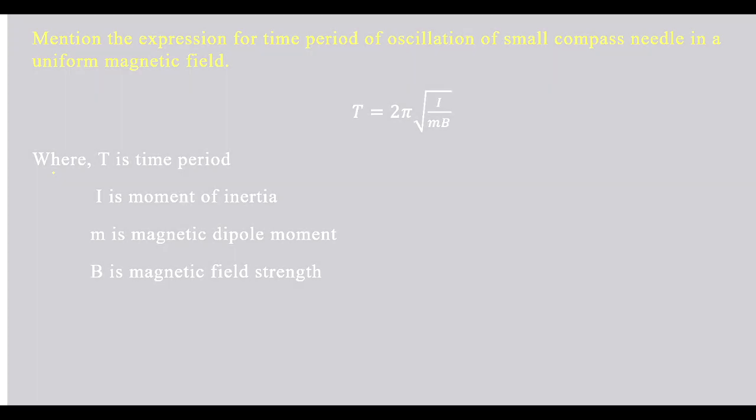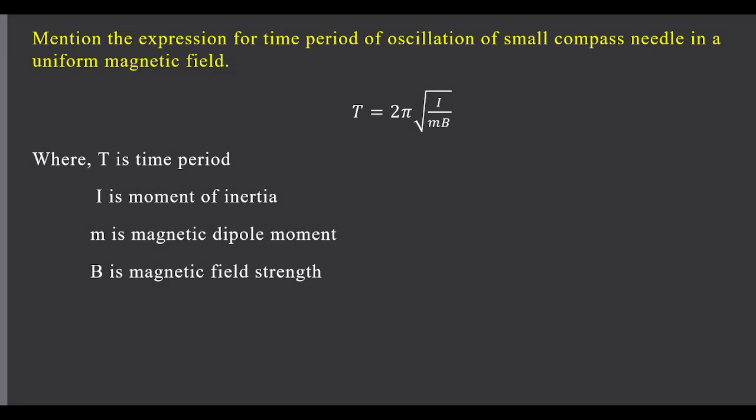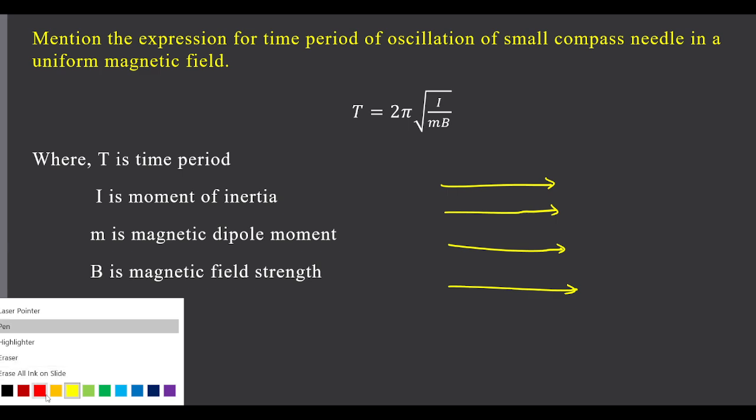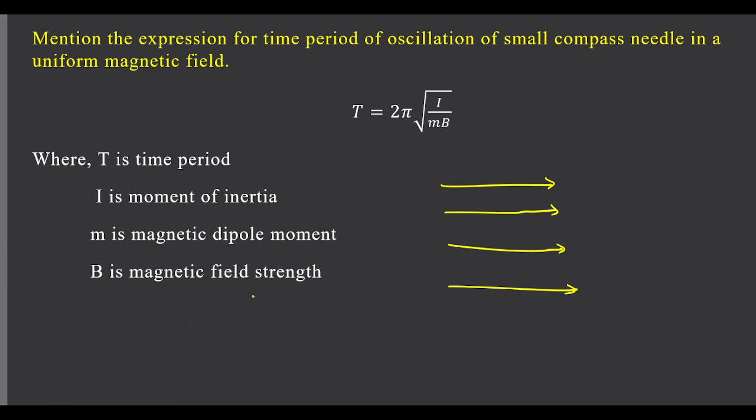So then we have the expression for the time period of oscillation of a small compass needle in a uniform magnetic field. So dear students, let us consider a uniform magnetic field here, similar to the previous case again, and keep one magnetic needle in it.